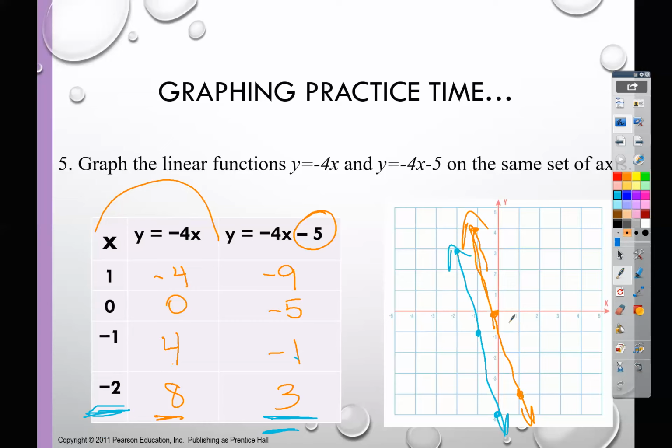So how does that compare? This whole thing is shifted down 5. If you'll notice, this point right here is at 0, 0, and this point is at negative 5. So you're going down 5. They want you to see that you have a vertical shift down 5.